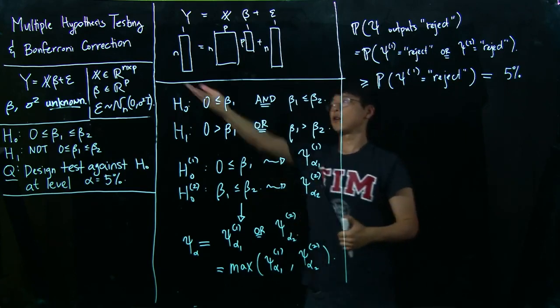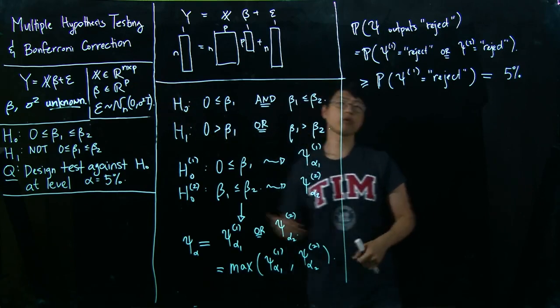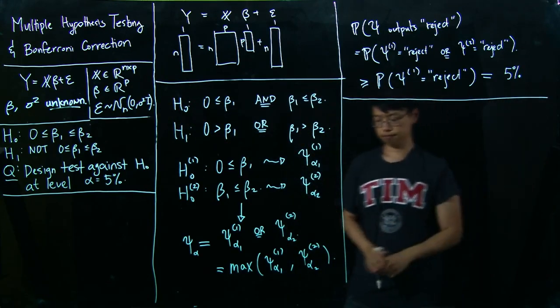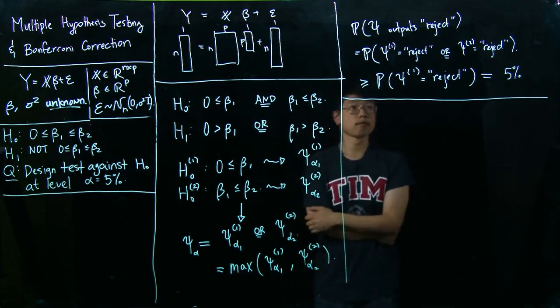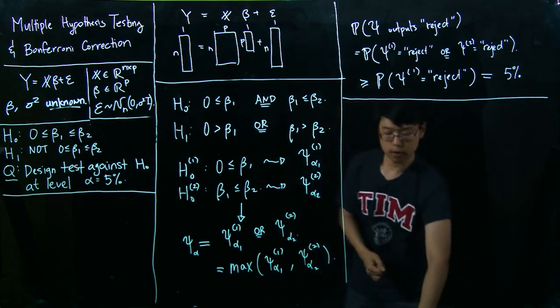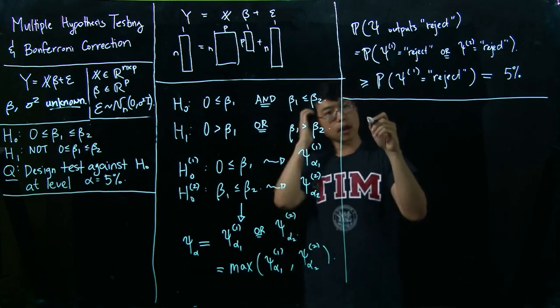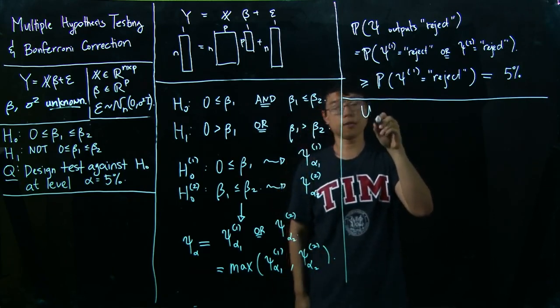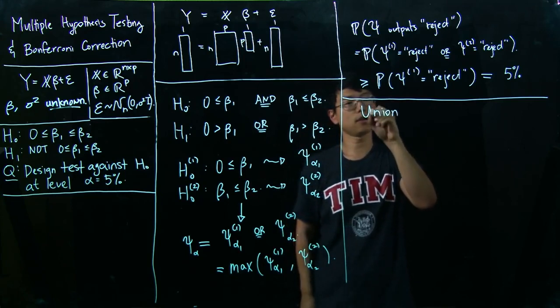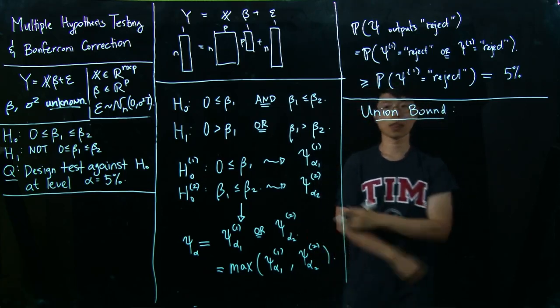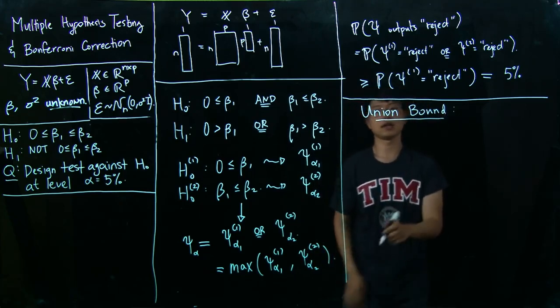So this is where we require some sort of correction, which we'll call the Bonferroni correction. Okay, and it relies on the following idea. It should be a review of a concept you've seen in probability theory called the union bound. And it's the following idea.